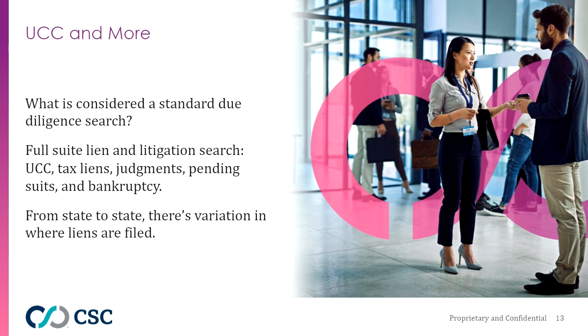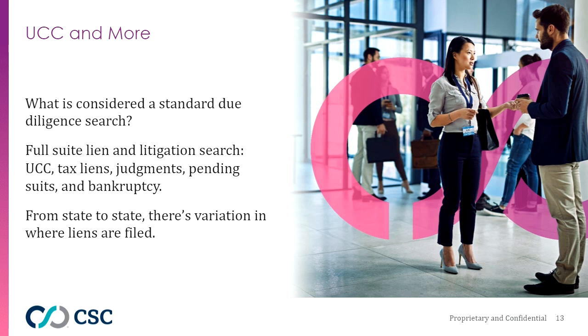But I can say from my years of experience that customers generally order the following. Number one, a UCC search for personal property UCCs with the state of formation. Number two, what I would call a quote-unquote lien search, and this would include UCCs, tax liens, and judgment liens.